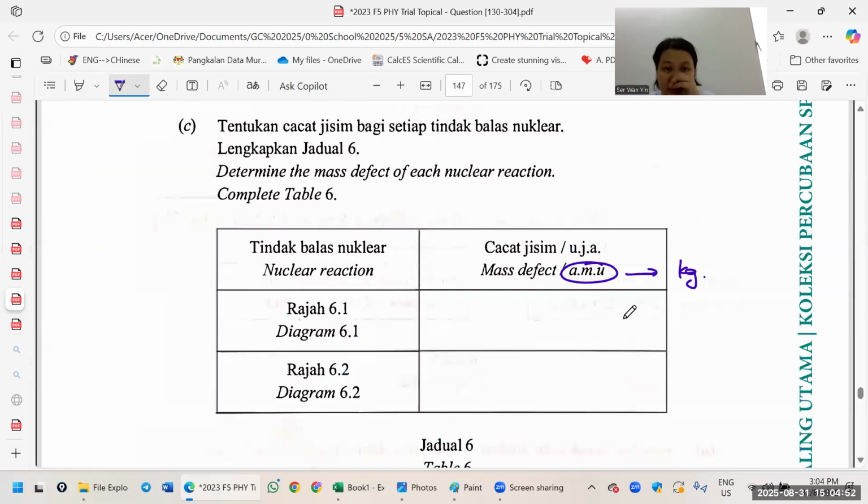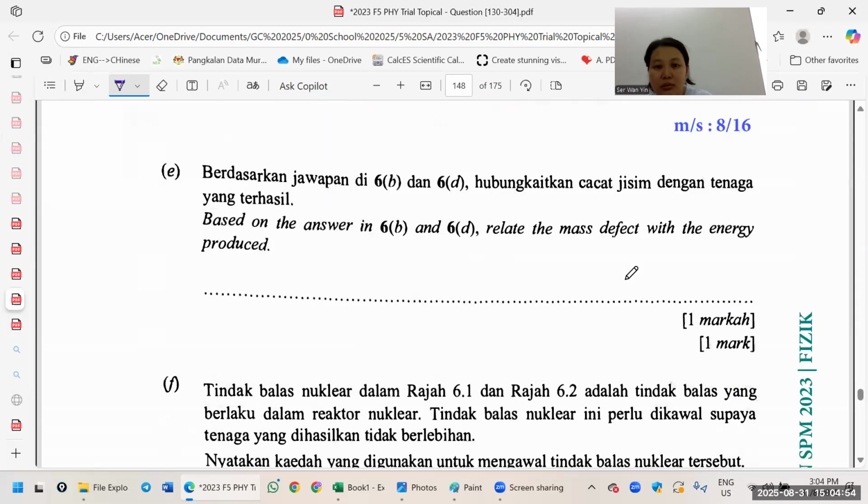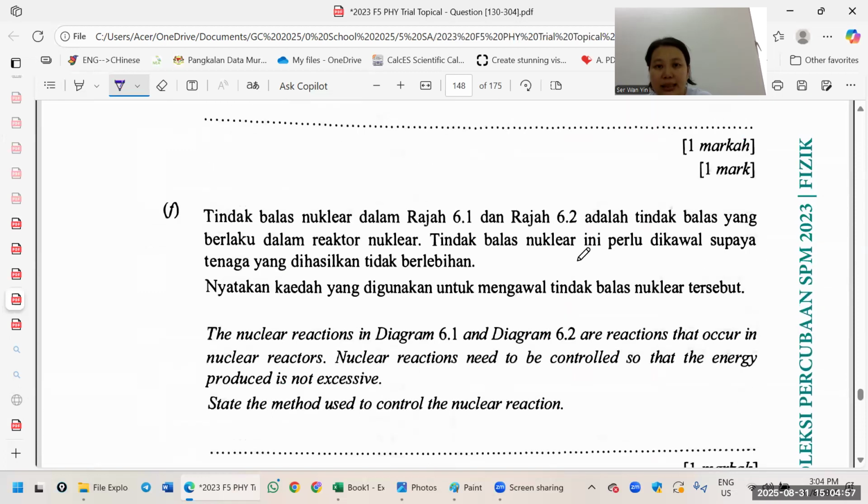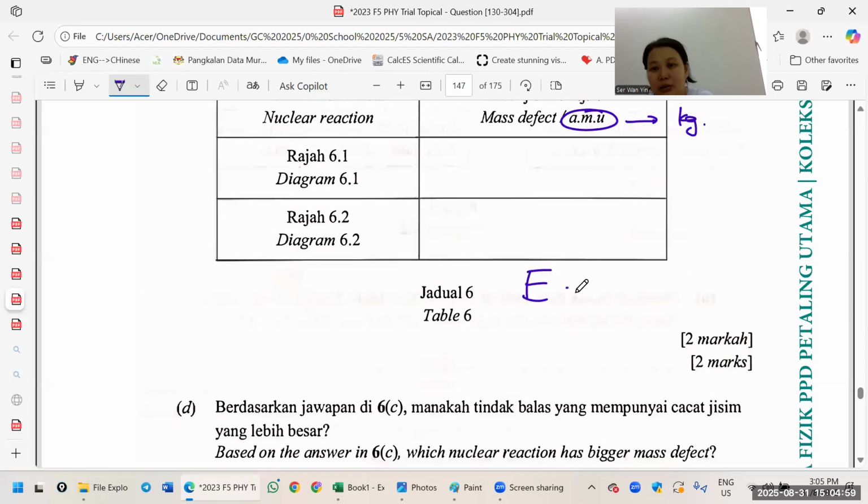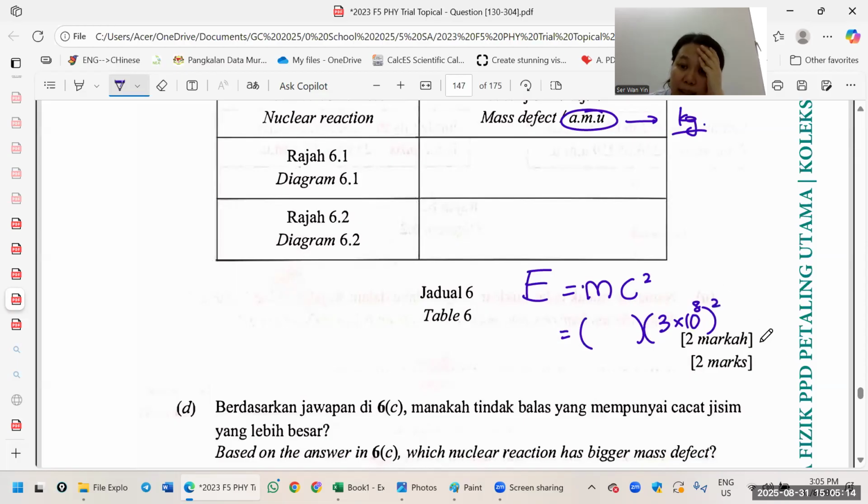Then if they want you to calculate the energy, E equals mc squared. You change m into kg first, then only you remember 3 times 10 to the power of 8, bracket square. c squared, okay, bracket square. I'm the one who always forgets square. So I must double check.